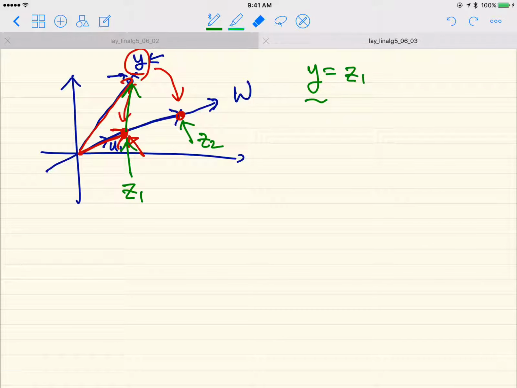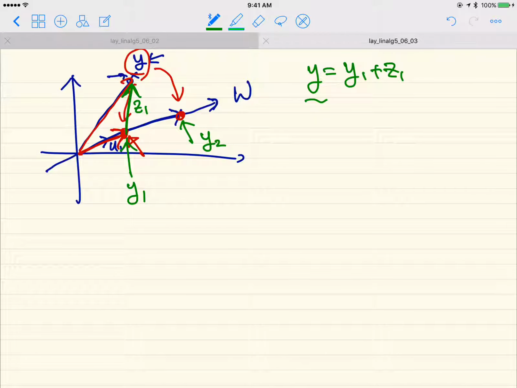Let me change the notation. Let's call these vectors y1 and y2. This guy will become y1 plus z1, where z1 is this.